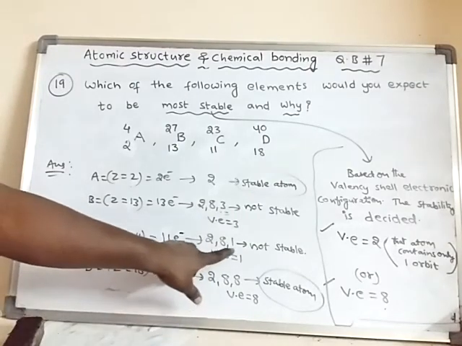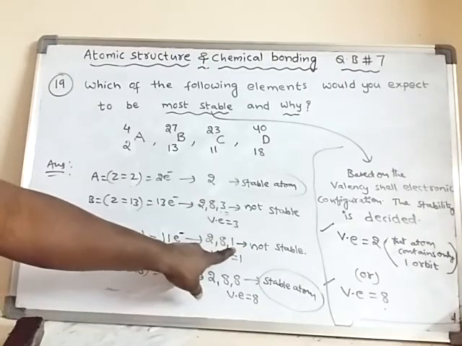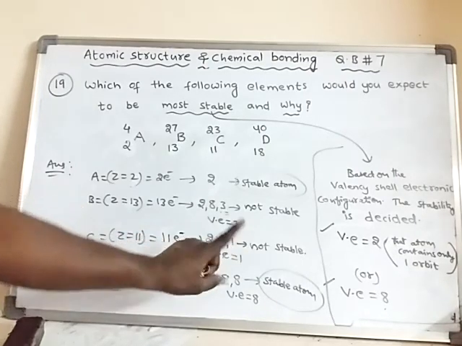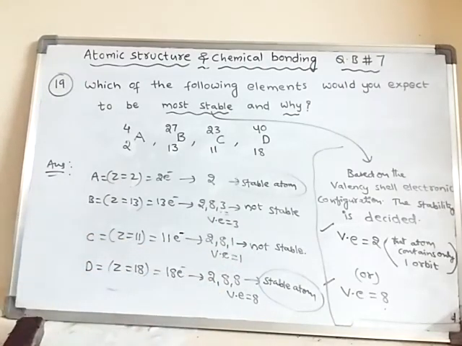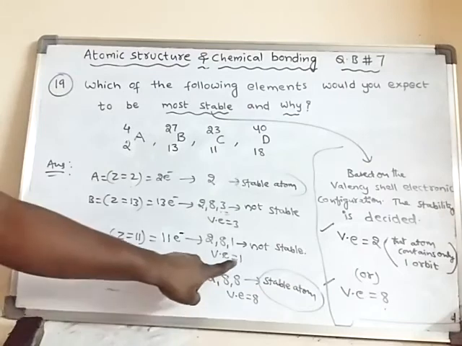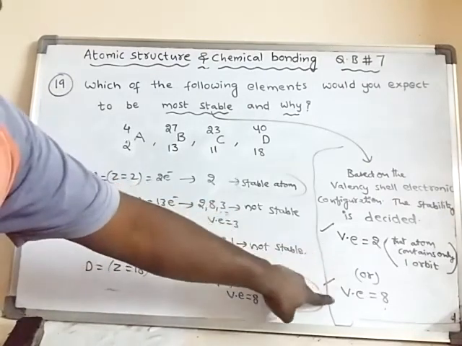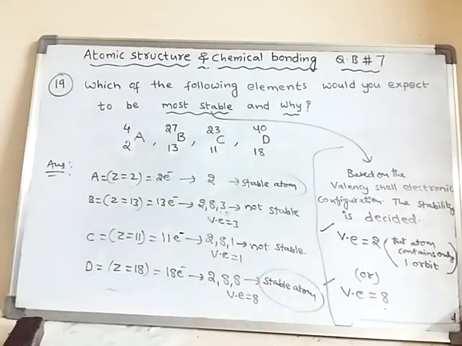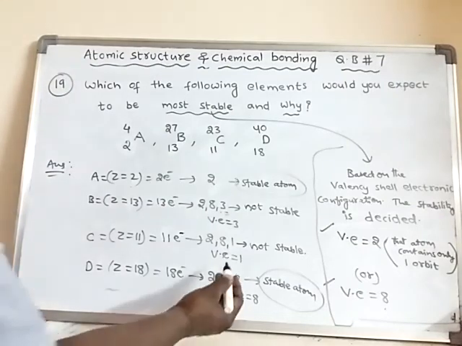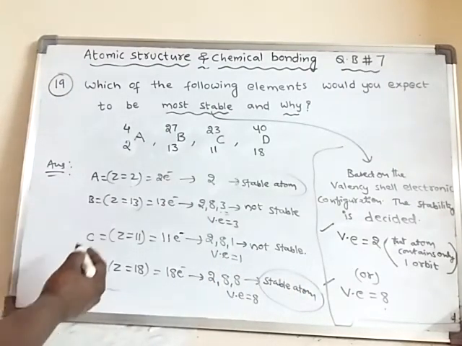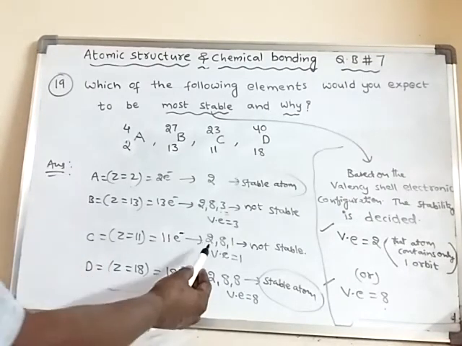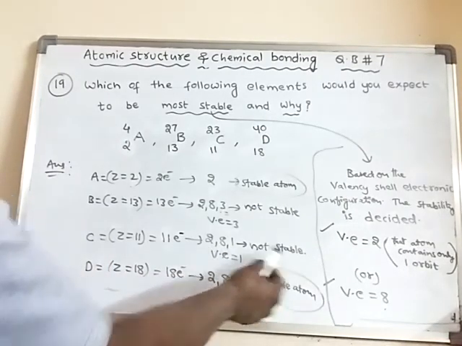So the valence shell is the third orbit, and the valence electron is only 1. Here also neither of the conditions is met, hence element C with this electronic configuration is not stable.